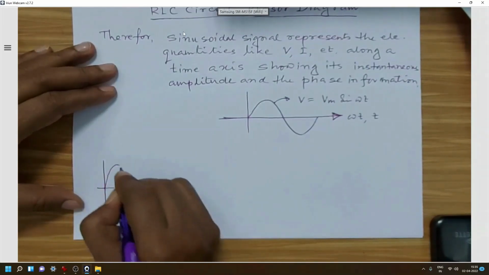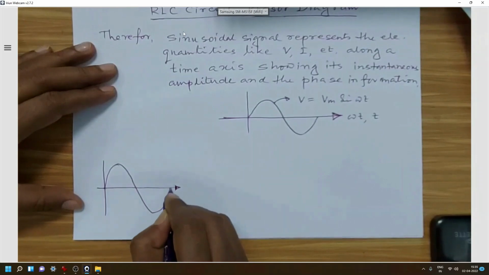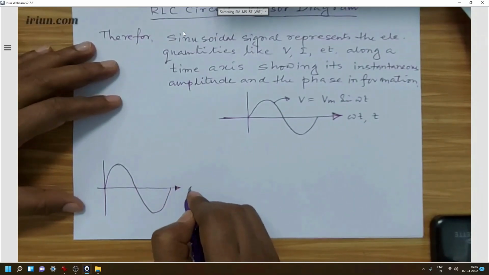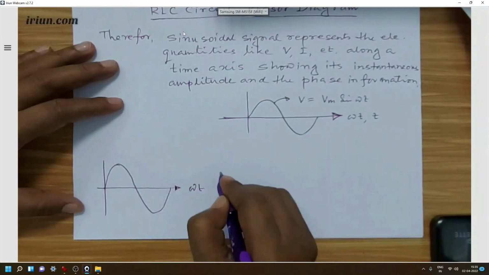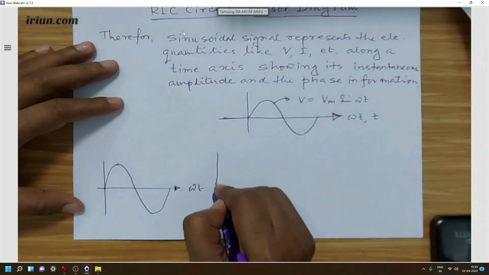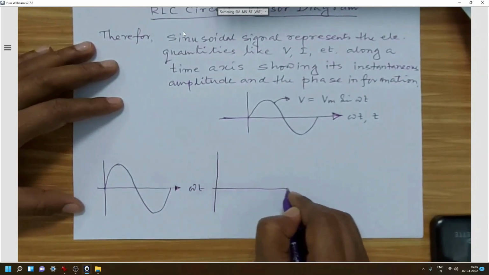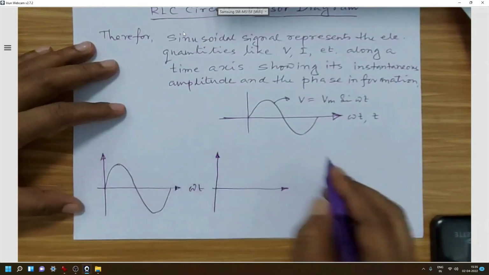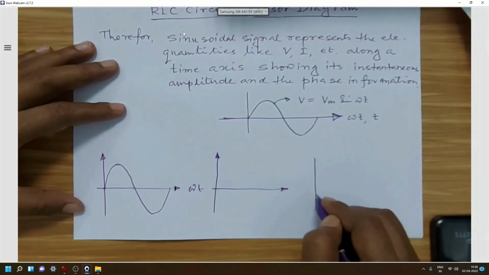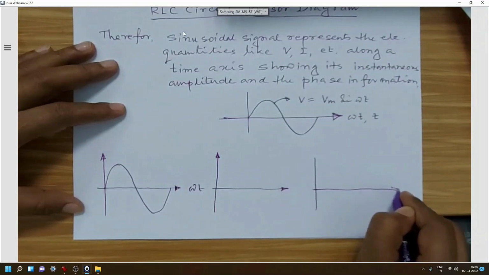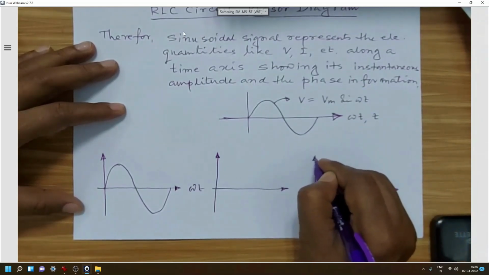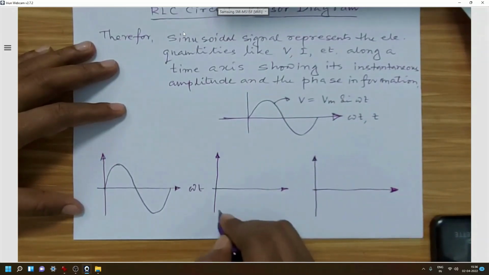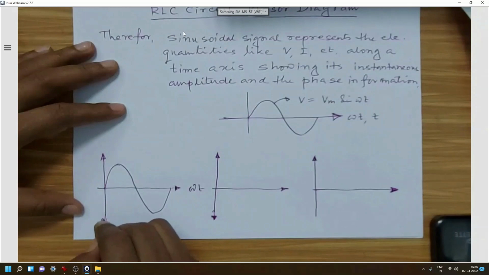So if we take the axis as omega t axis, then we can get some major distinguished points, what we are going to study now. And if we are converting the axis with different parameters, then also we will be able to get the similar major points.